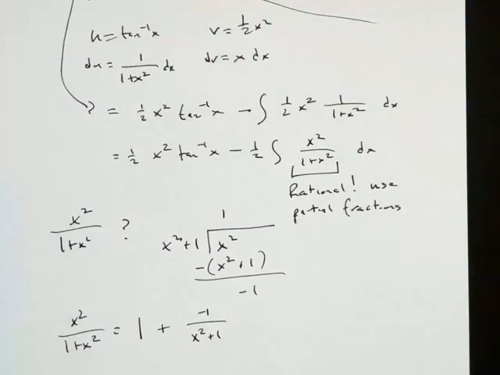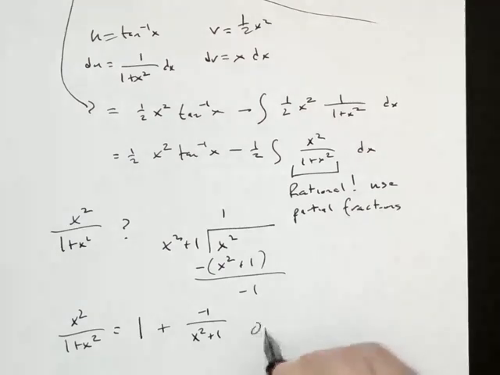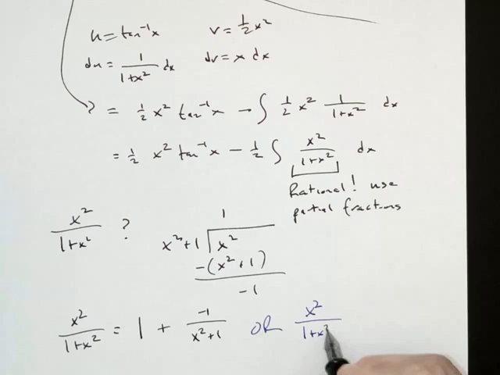You ready for the sneaky version that avoids having to do the division? I'm going to add 0. How am I going to add 0?